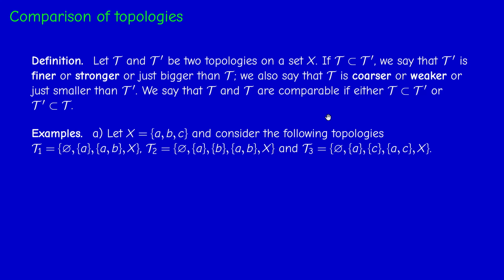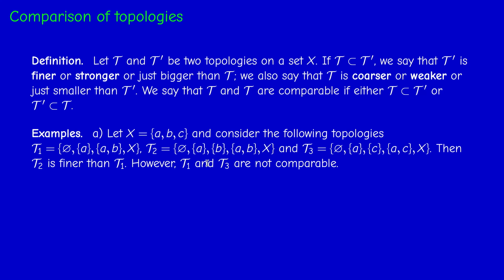Which one of these are comparable? T2 is finer than T1 because it contains one more element. So T2 is finer or bigger. However, T1 and T3 are not comparable. T3 doesn't contain T1 and T1 doesn't contain T3, so they are not comparable. And T2 and T3 are not comparable as well.